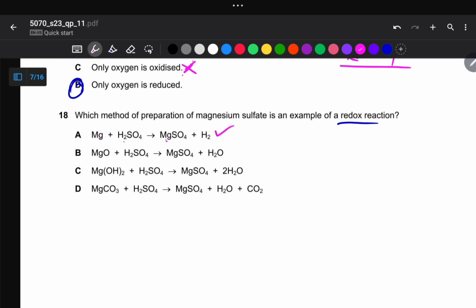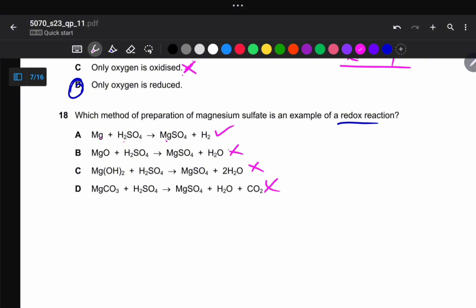So mostly displacement reactions are redox reactions, and other acid and base reactions are not involved in oxidation states. So this becomes false, this becomes false, this becomes false. Here there is maintenance of the electroneutrality, of charge neutrality, right?